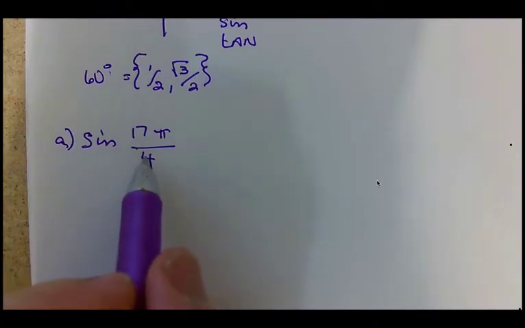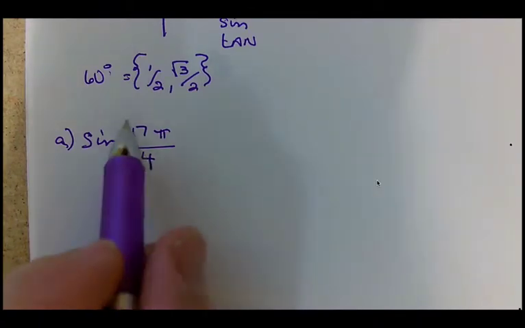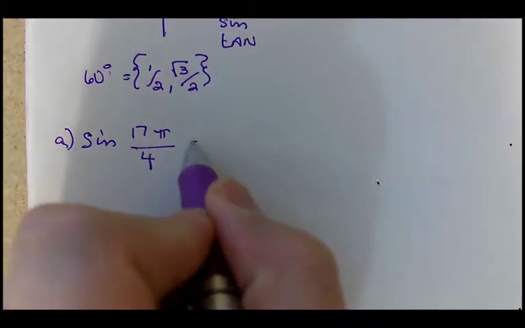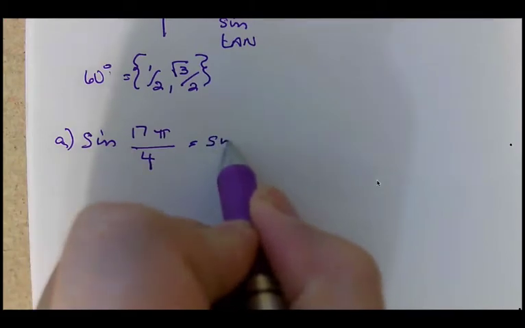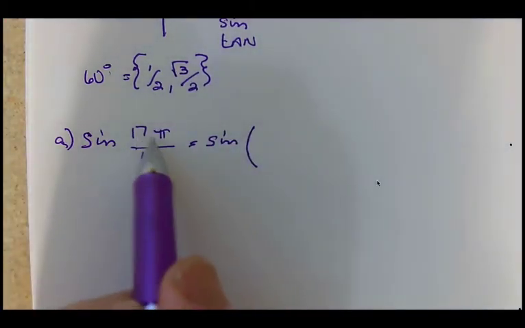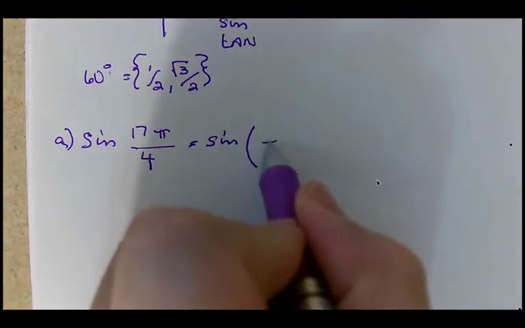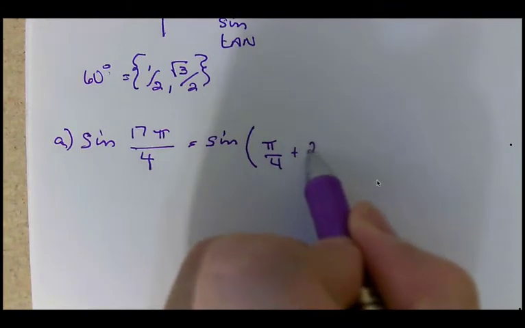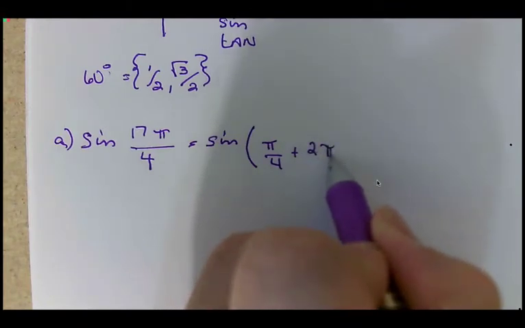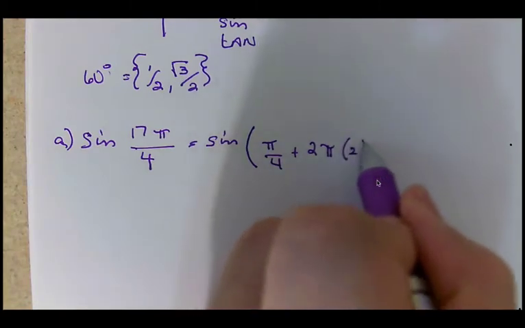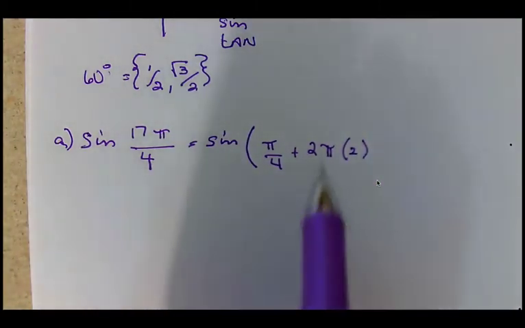But I do know that 4 times 4 is 16. So, well, let me rewrite this. Because I can say now, sine of 16 minus 1 is pi, plus 2 pi times 2, because it's how many times we went around.